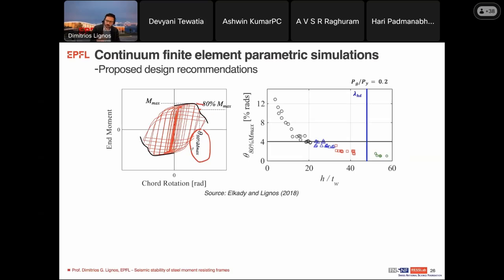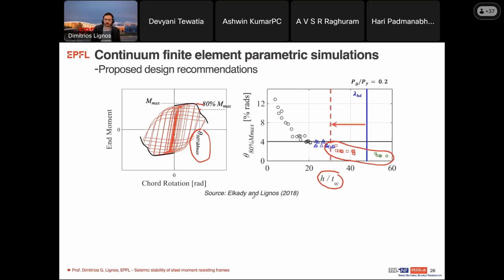This is a characteristic point for steel construction if you look at, for instance, connections. And here you see that when the web slenderness of the column is increased, there would be a point around 30 or 35 where, for a given axial load ratio, a bunch of cases essentially fail to fulfill this 4% target that we anticipate in connections.